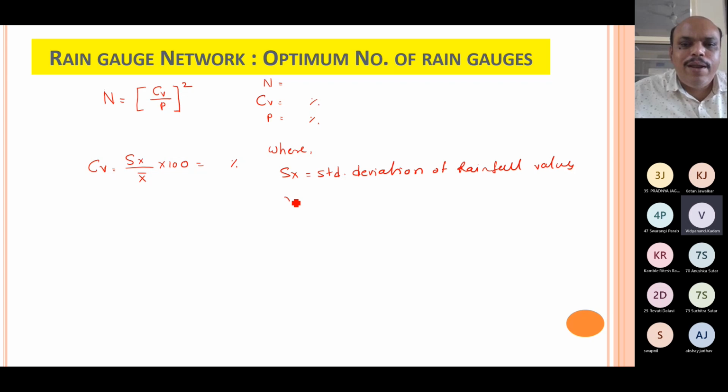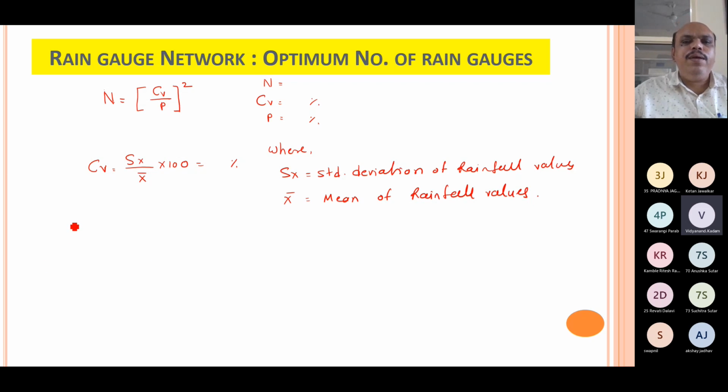And what is x bar? X bar is mean of rainfall values. Okay, so if we calculate Sx and x bar, then we get CV with this formula Sx upon x bar into 100, and it is expressed in percentage.